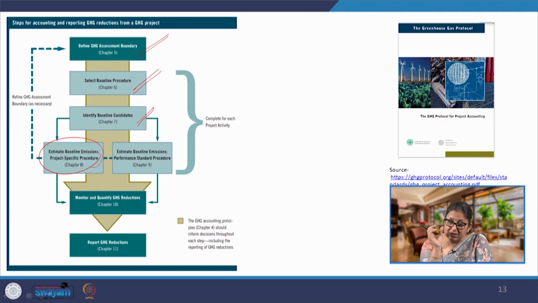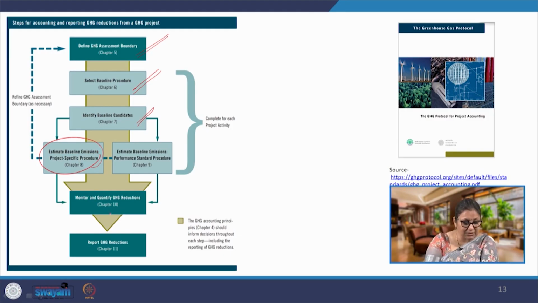So, sector specific, industry specific, project specific procedures and activities are going to be considered here for estimating the baseline emissions. In case of performance standard procedures, we will be using the standardized, the average numbers for the industries or for the activities, and go ahead with estimating the baseline emissions.